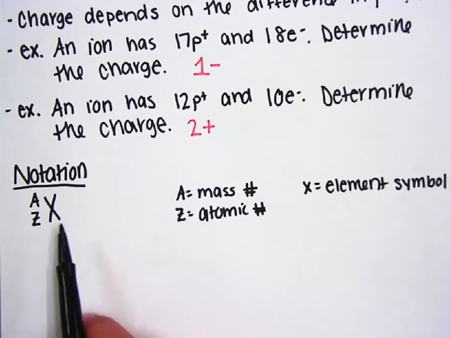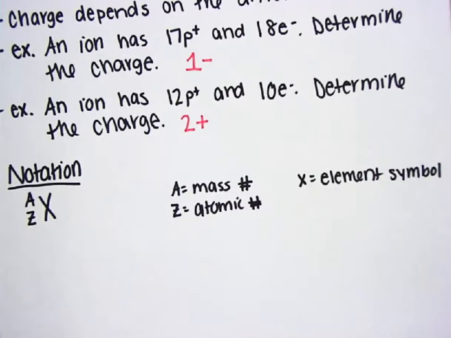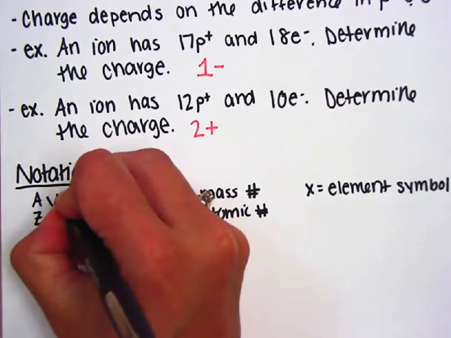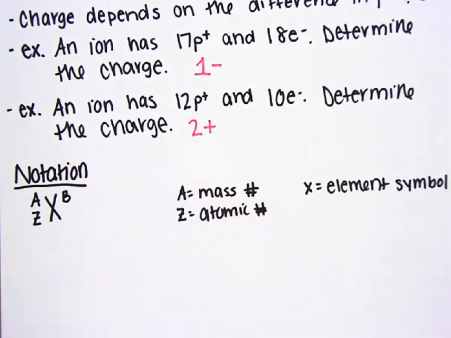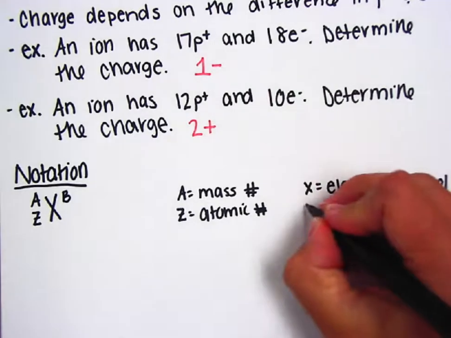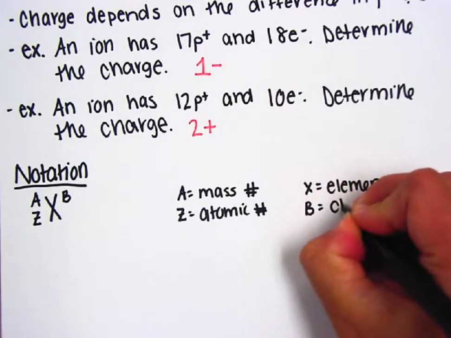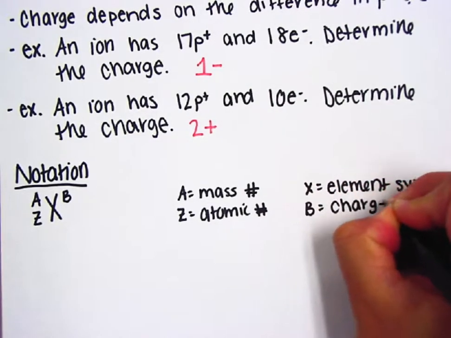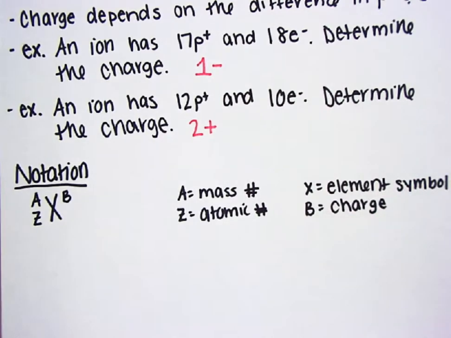If your notation looks like this, it's going to be an atom. If it's an ion, we are going to add a charge on the upper right. So B represents the charge.